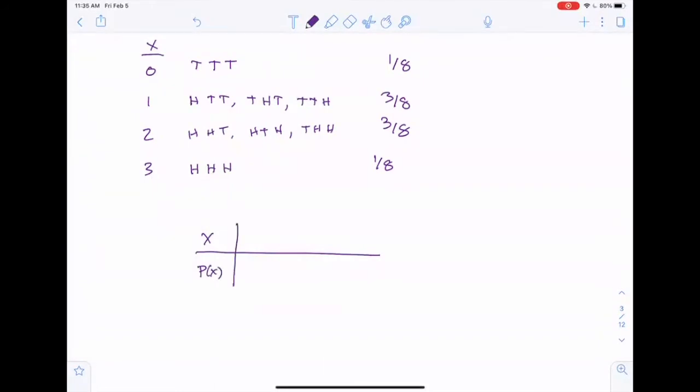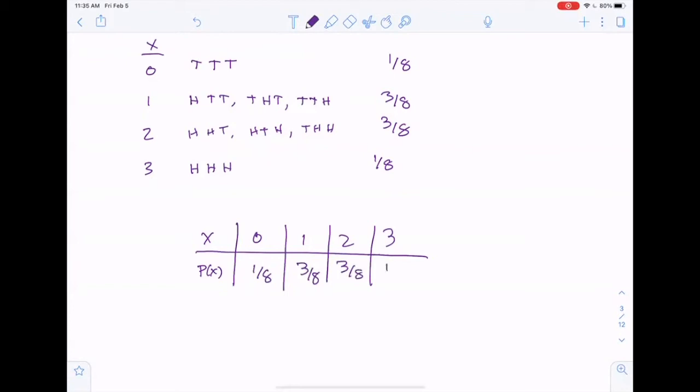So we'll let one horizontal axis be the outcomes, 0, 1, 2, and 3, and the other horizontal axis be its corresponding probability. So 1/8, 3/8, 3/8, and 1/8, right?